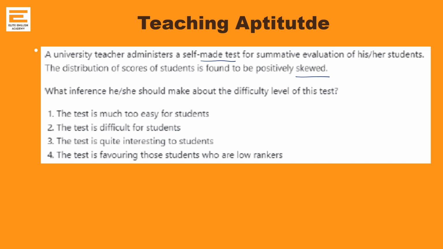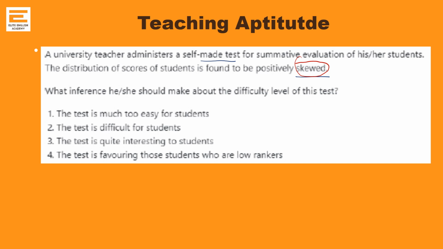The most important aspect of this question lies in the meaning of the word skewed. If a student does not know the meaning of the word skewed, then the entire process will go wrong. So skewed means it is manipulated, biased, right? Something inappropriate. So what inference should he or she make about the difficulty level of this test?